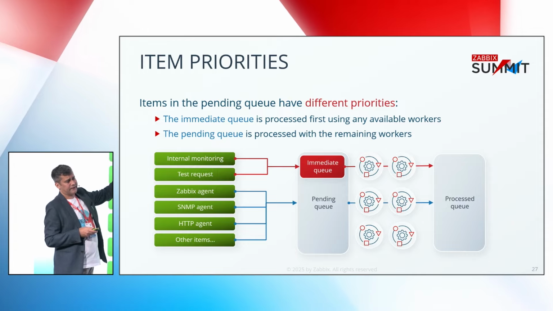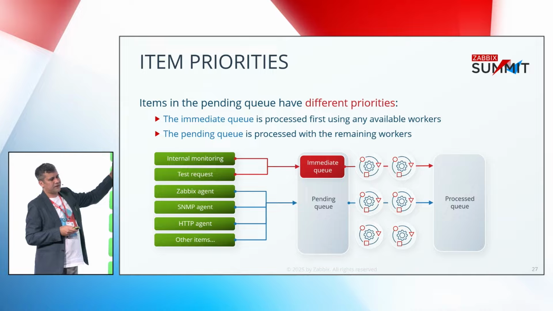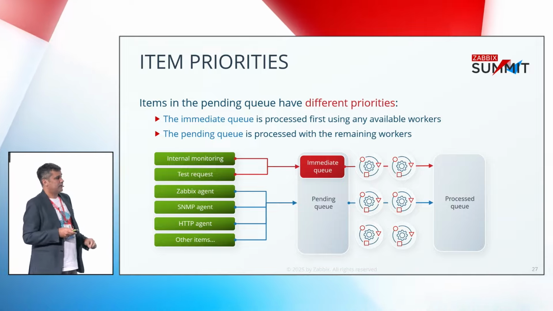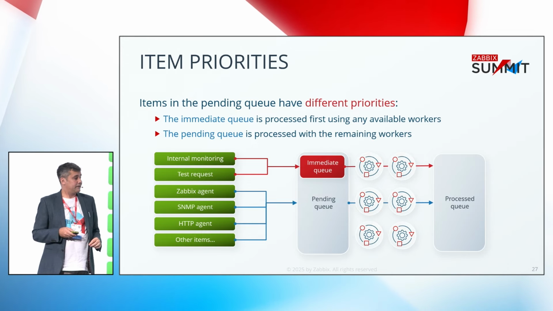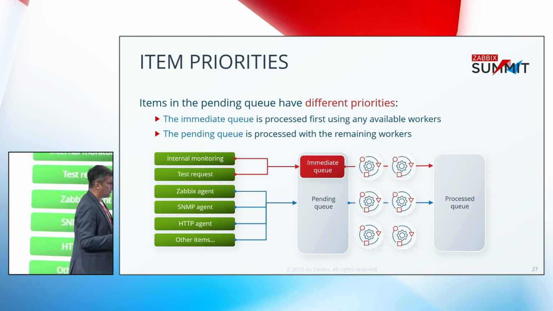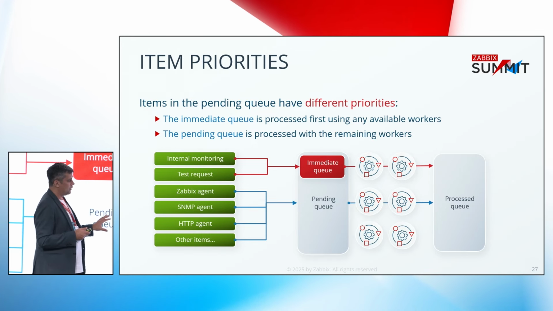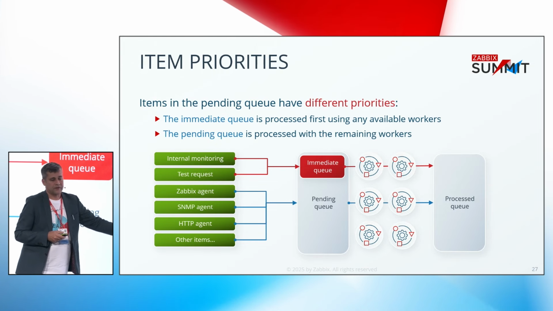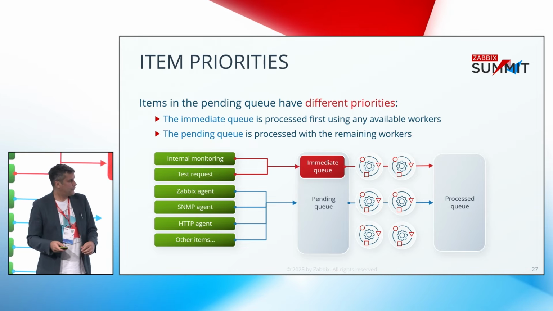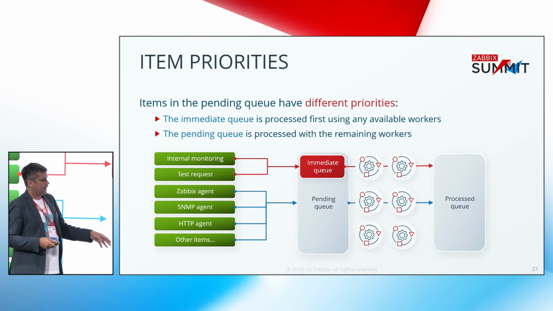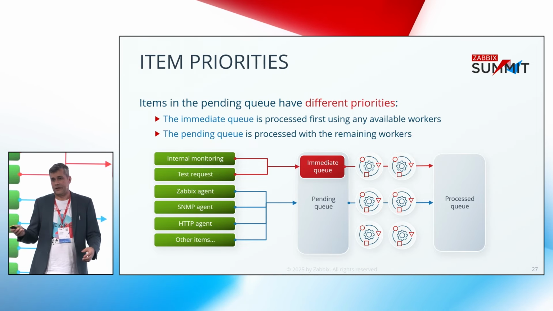Internal monitoring items have a specific VIP line, an immediate queue. Why? Because if there are huge problems with pre-processors, you want to see it. You want to detect it, right? And if your internal metric is stuck in the same queue, you will not see it, right?